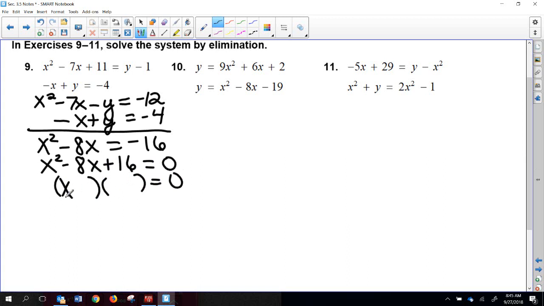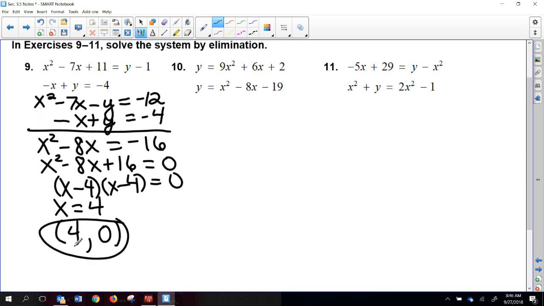I'm going to have an x and an x, a 4 and a 4, a minus and a minus. So I have a solution of x equals 4. So my solution is only x equals 4. I plug it back in, x is 4, so then what's y going to be if x is 4? 0. So that's the only place that those two would meet, is at one point.